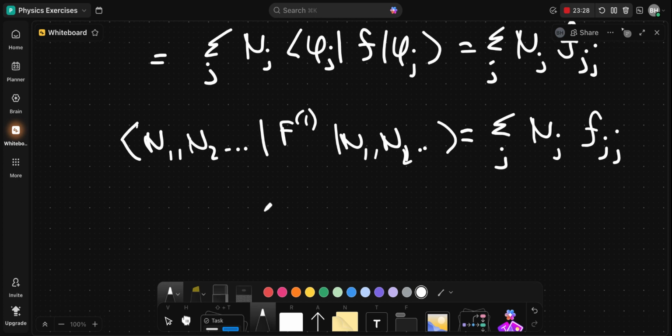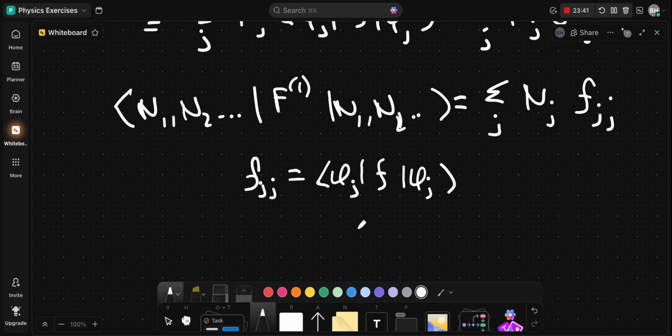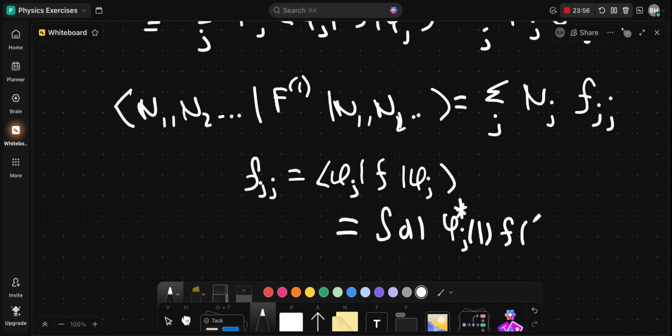Let me complete the notation: when I write f_jj, that's equal to this, the Dirac notation version, or alternatively you could write this as the integral d1 phi_j(1) star f1 phi_j(1). Okay, so these are all equivalent.